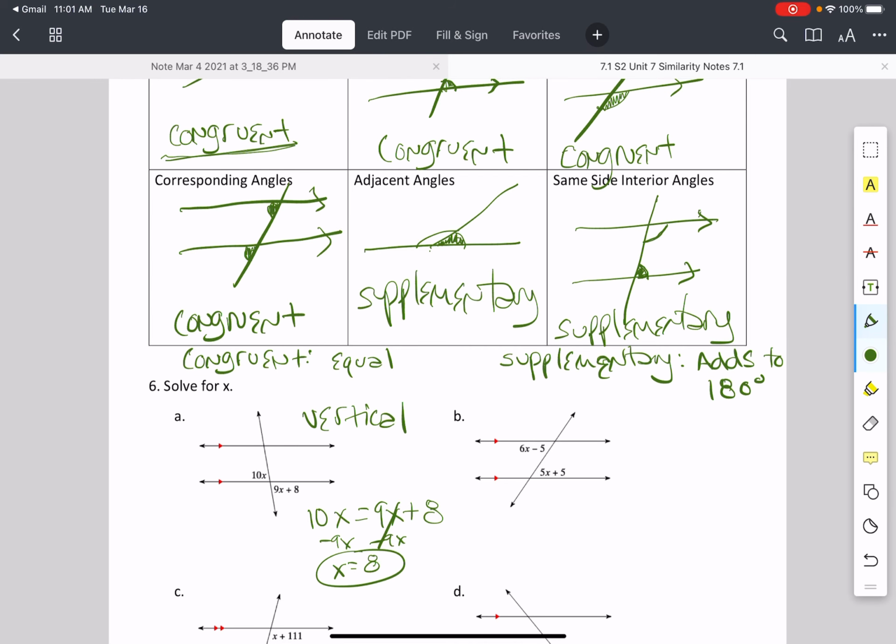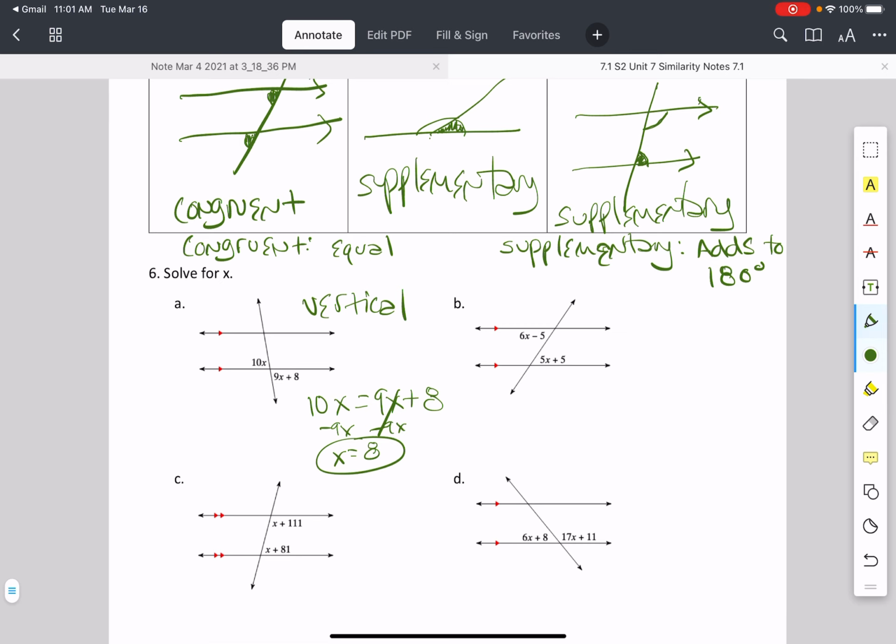Okay, we're going to skip to C. Which of our 6 angle types is C? Same side interior, good. Which means supplementary. So does that mean I'm going to take these 2 and set them equal to each other to find x? Not supplementary. Supplementary doesn't mean equal. It means adds to 180.